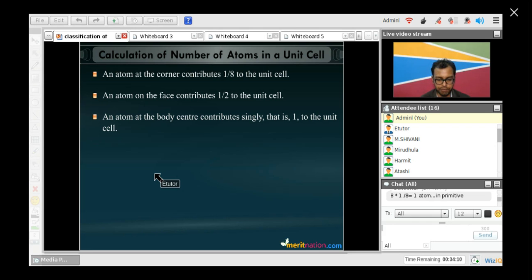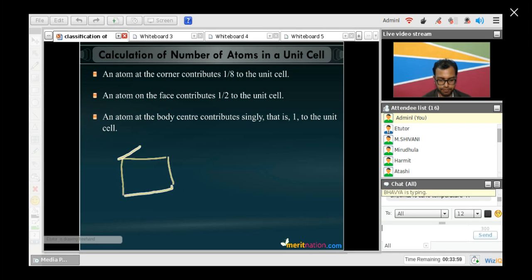In a simple cubic lattice, all the corner sites are occupied by atoms, right?